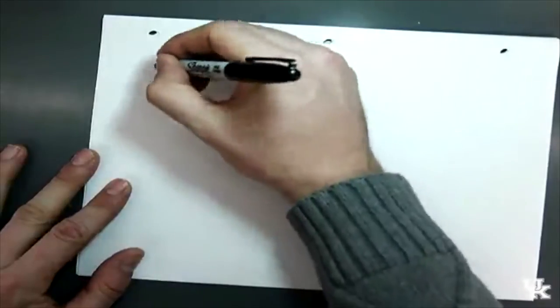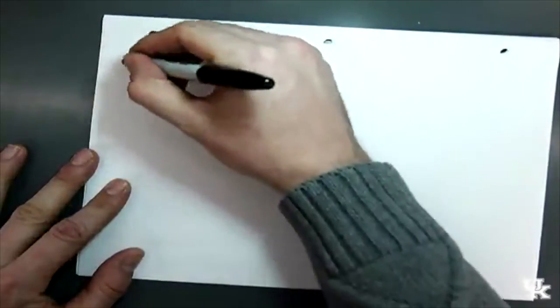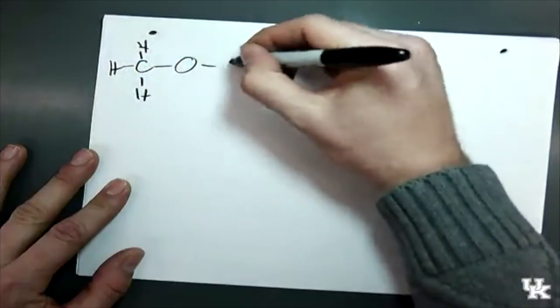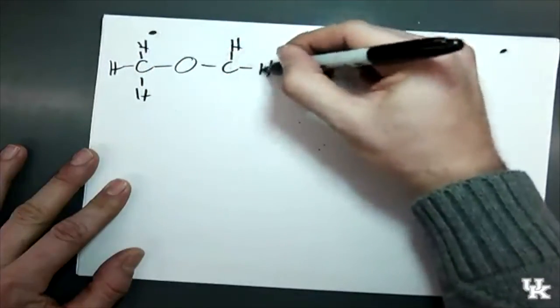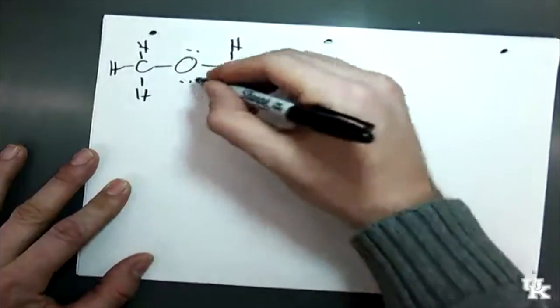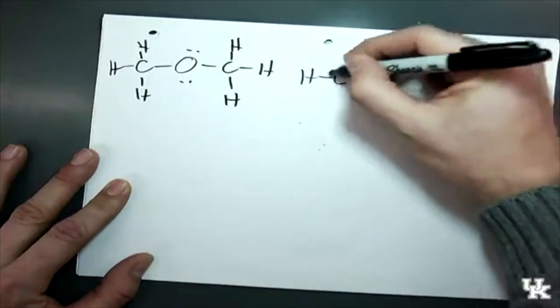A really good example is something we already saw in the very first lecture on Thursday. I'm going to draw it like this. Sorry for these bad hydrogens. Okay, do you remember this dimethyl ether versus the ethanol?